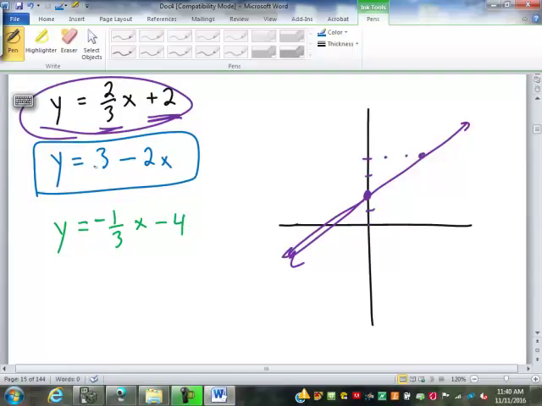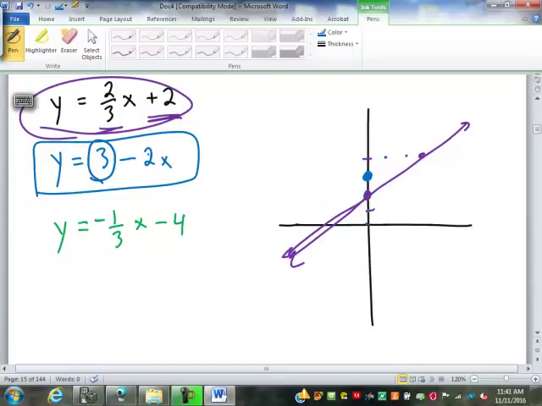Second one. Now I put this one in a little bit different order. Where does this one start? Plus 3. The number that's being added or subtracted here is really the 3. It's positive, so it's added. So that's where this line is going to start on the graph, plus 3. The number that is multiplying the x is the negative 2.